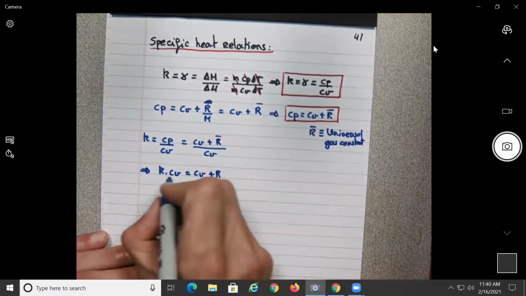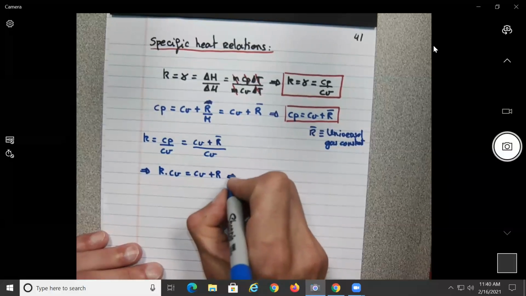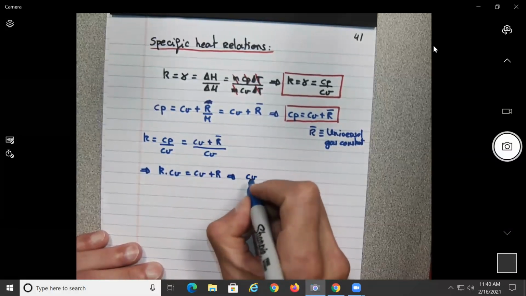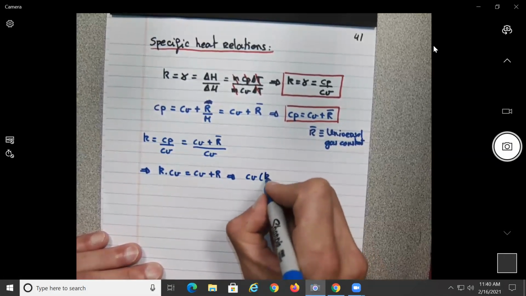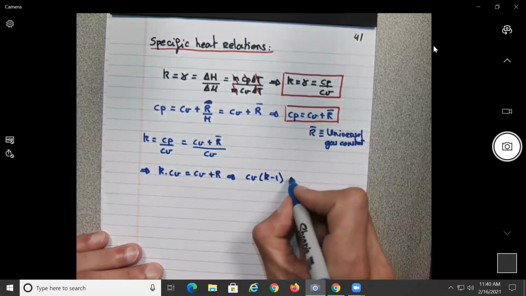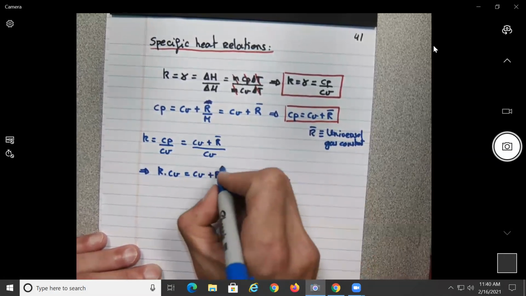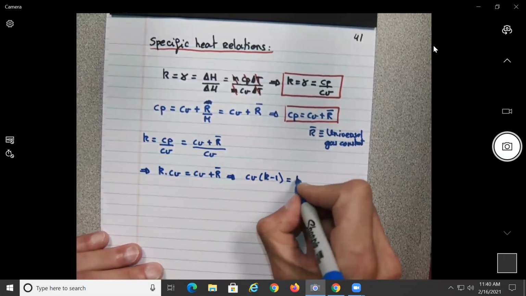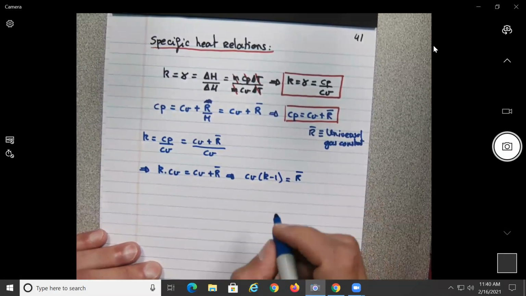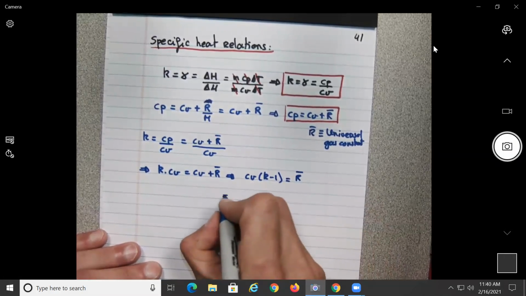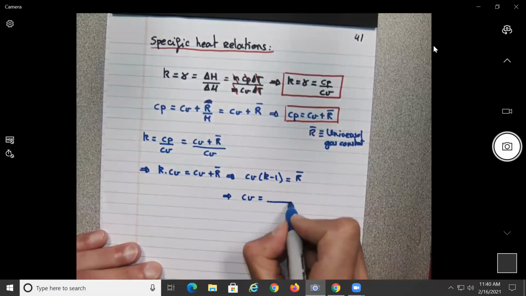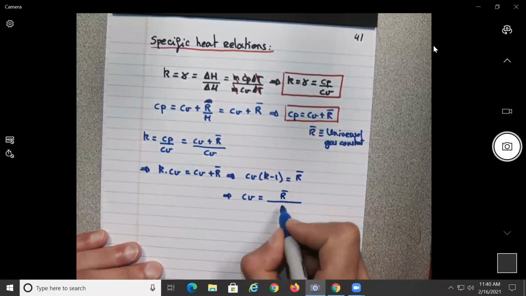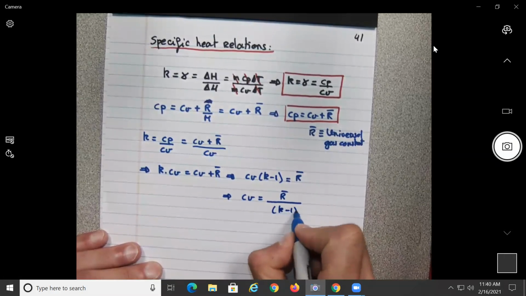I can factor out the C sub V. So C sub V of K minus 1 equal to R bar. I keep forgetting the bar. So in that case, we're going to have that C sub V is equal to R bar over K minus 1.